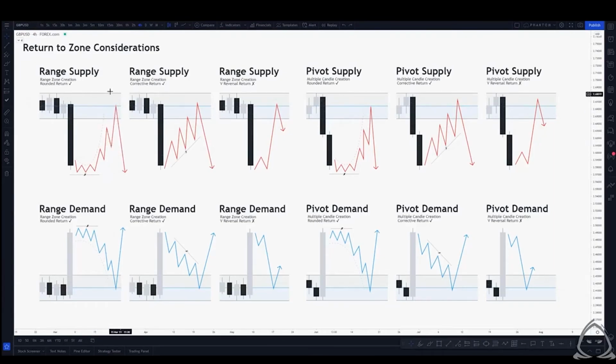This entices buyers to continue up and look to, in theory, break this range. But because we're entering a supply zone, we'd be pushing down, and that's why we get such a large, momentous move to the downside. The same is said where we get this sucker's rally to the downside. A lot of people look to jump in because what they see on their chart is price moving higher highs and higher lows, and they're just looking for this to be a higher high and price to continue moving to the upside.